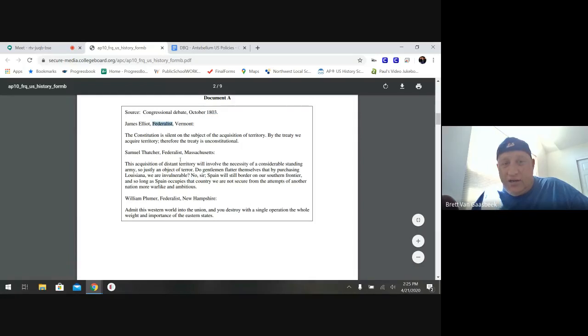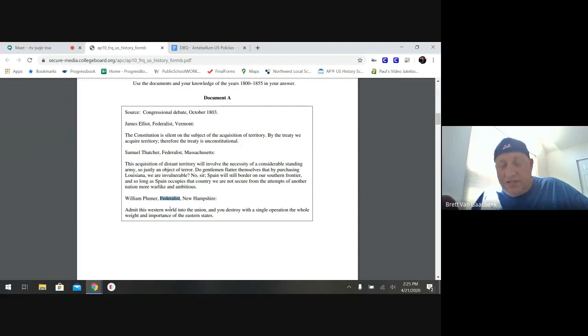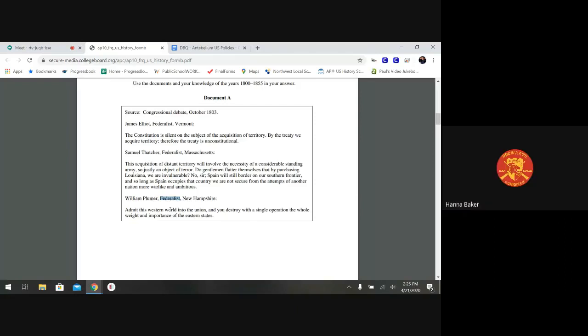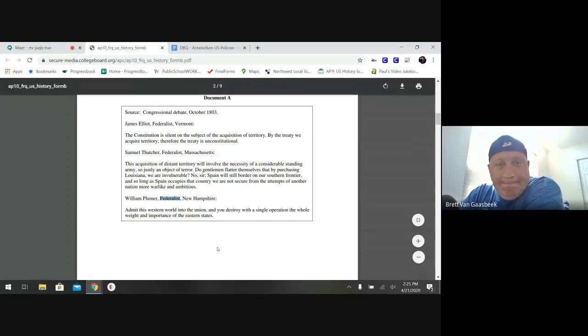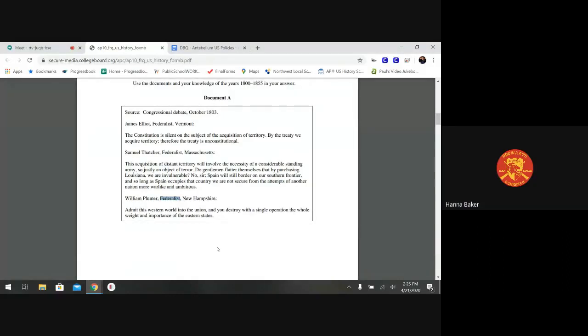And notice here, it's all Federalist. What political party was Thomas Jefferson? Wasn't Jefferson anti-federalist? What did we call him in 1803? Come on, folks.